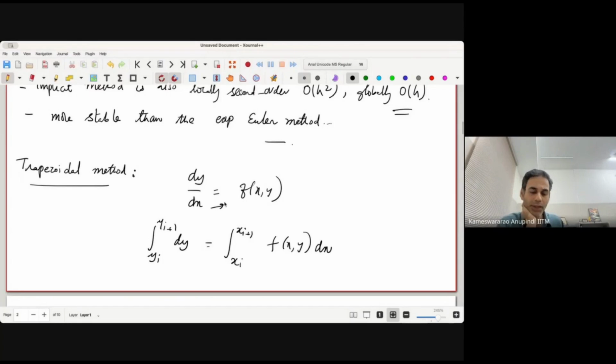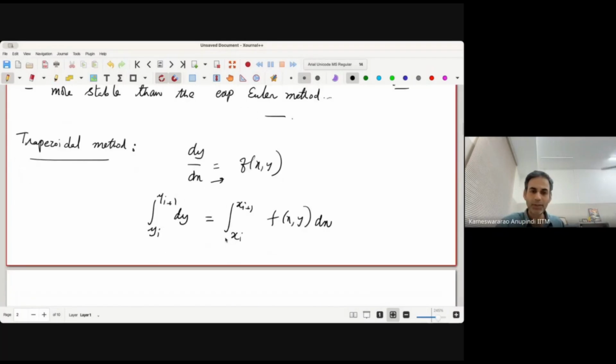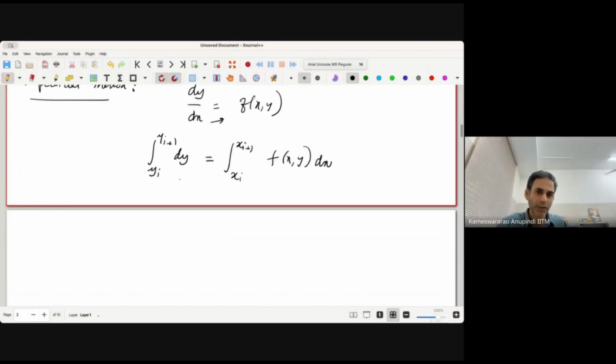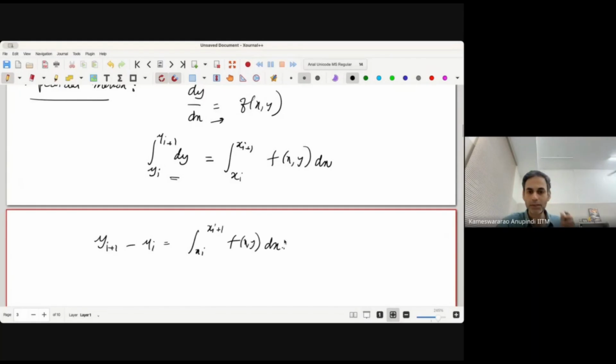I just brought this dx to the right hand side and then integrated both sides from xi to xi plus 1 and yi to yi plus 1. So integral dy is y, so that means yi plus 1 minus yi equals, on the right hand side, integral xi to xi plus 1 f of xy dx, right?